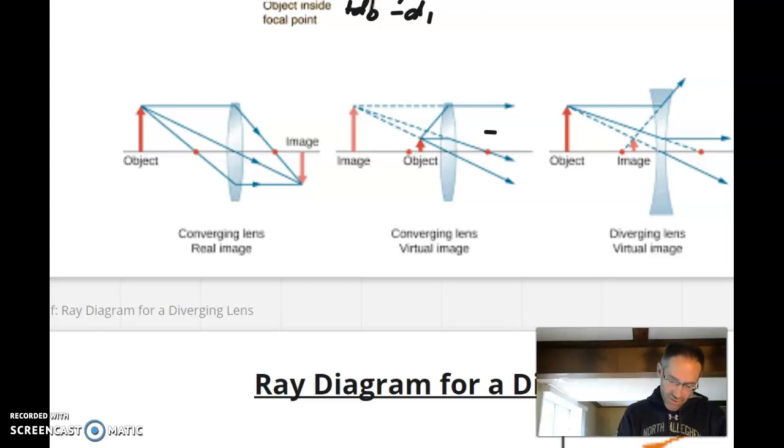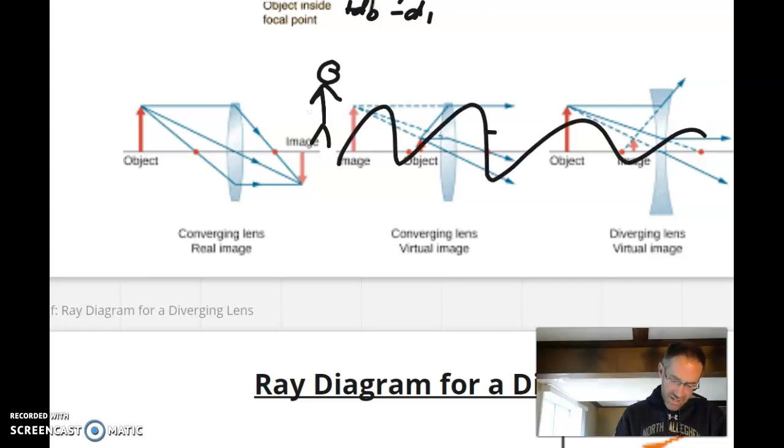And so just for this first picture, if I were going to observe this, I would be standing here. Now, don't look at these for now. I'm going to be standing here, looking at the object through the lens. And so just like before, almost every time we're going to call this a positive DO. But here's the difference.